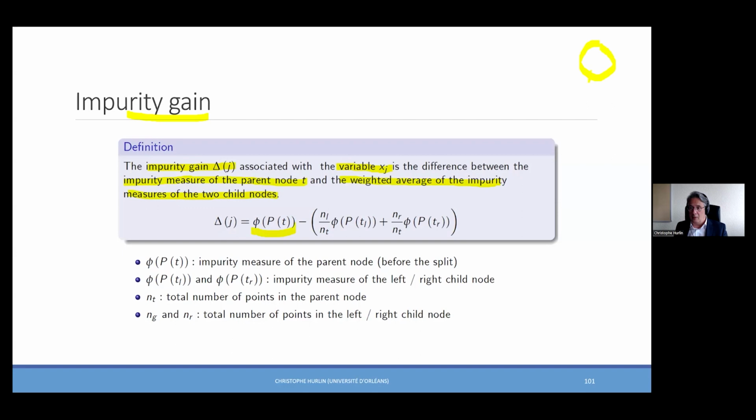Here I have the impurity measure on the left child node. Here I have the impurity measure on the right child node.